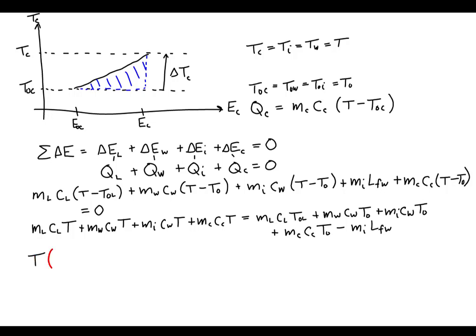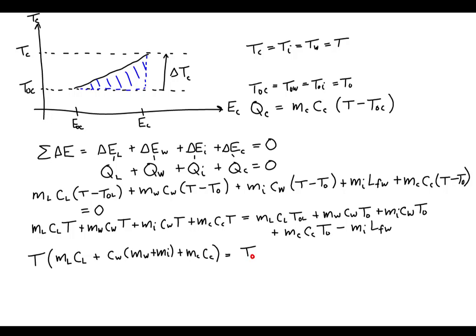So the temperature times the sum of the mass of the lead, specific heat of the lead, plus the specific heat of water times the sum of the mass of the water plus the mass of ice, plus the mass of the calorimeter, specific heat of the calorimeter. And that is equal to, here I'm going to factor out the initial temperature of the ice water calorimeter.